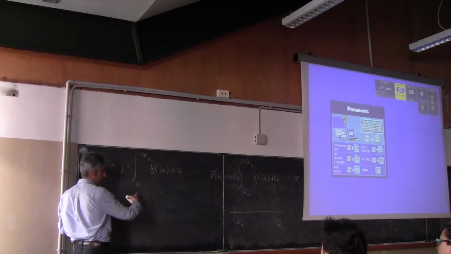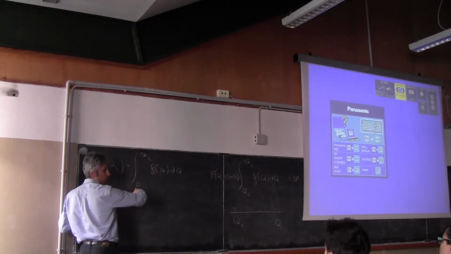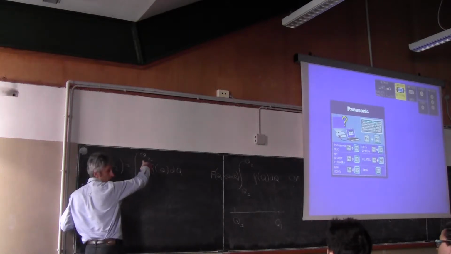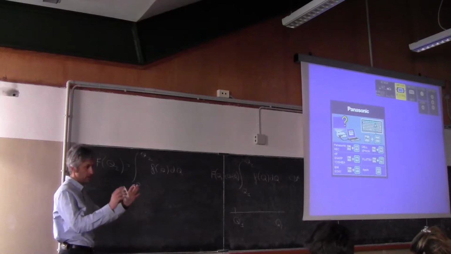It's the probability, and I simplify the notation, for a given value to fall between 0 and Q2. So it is the probability of not exceedance of Q2. And I stop.